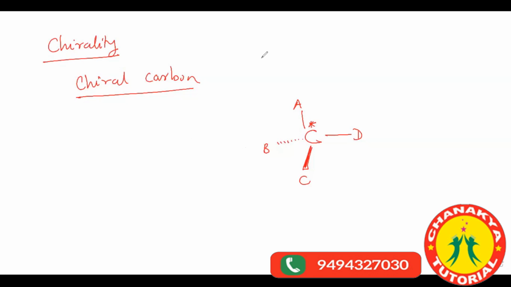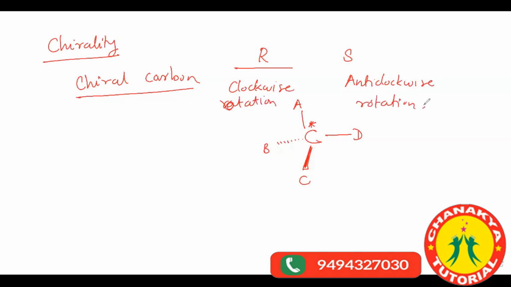Rectus is shown with the symbol capital R, and sinister is shown by the symbol S. Now rectus means clockwise rotation and sinister means anti-clockwise rotation. These things you need to keep in your mind.